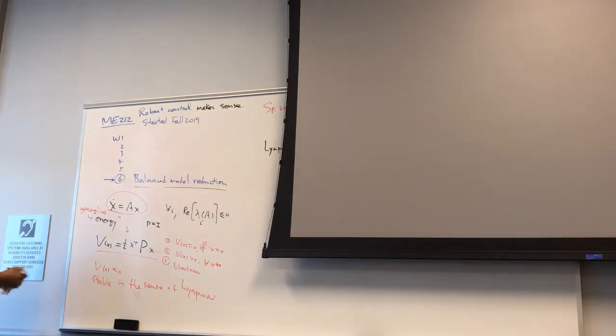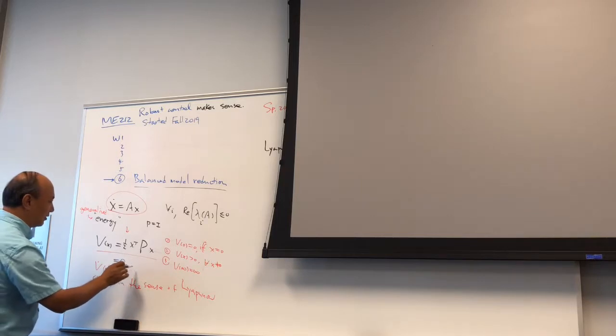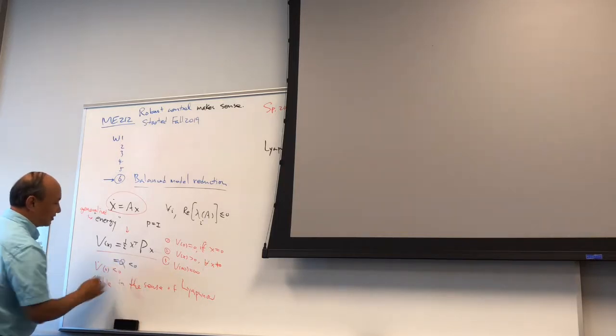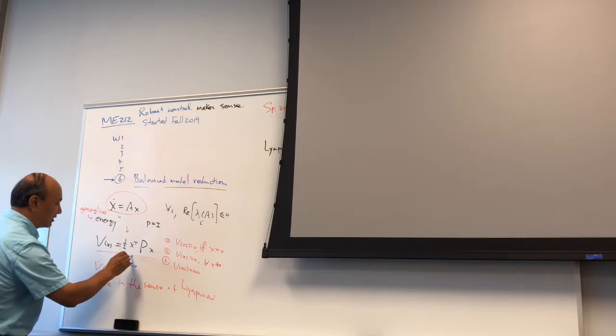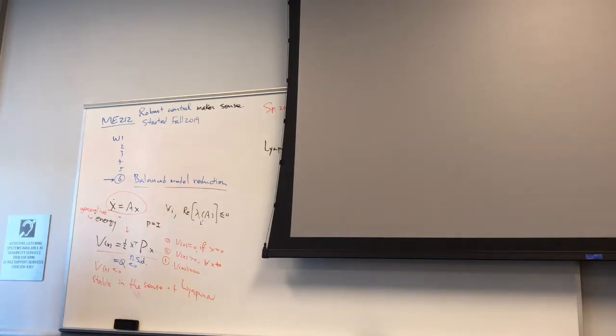So people usually say that V dot equals x transpose Q x, where Q is less than 0, which is a negative semi-definite, NSD. So together, this is stability.